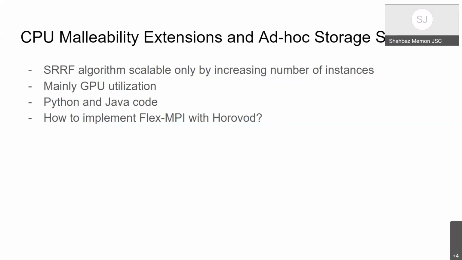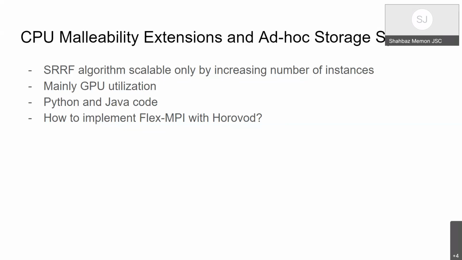As Flex MPI is mostly supporting C and C++ implementations, how can we take the Python-based implementations? This is my concern. Maybe Jesus, you can comment on that.